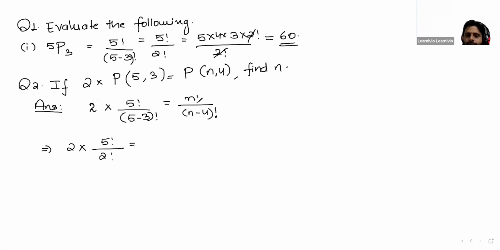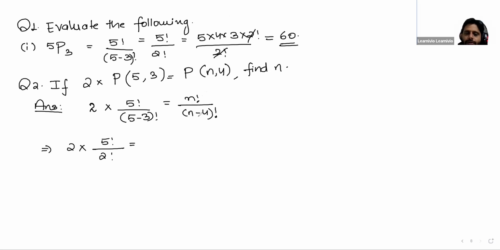Now, Krishna, which one is greater, this one or this one? Sir, n factorial. n factorial is greater, so we will expand this one. Yusra, this is clear? This is a new type for you. Yes, sir. Okay, so whenever variables are involved, whichever is greater, we will expand that one.